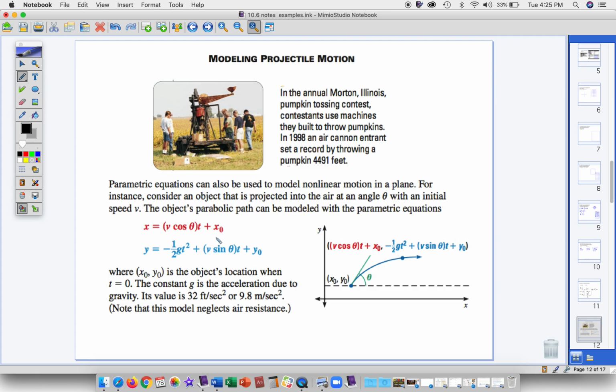So in these equations, x sub 0 and y sub 0 is the object's location when the time is equal to 0. The constant g is the acceleration due to gravity, which is either 32 feet per second squared or 9.8 meters per second squared.